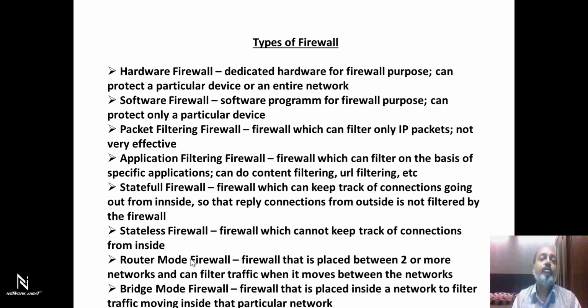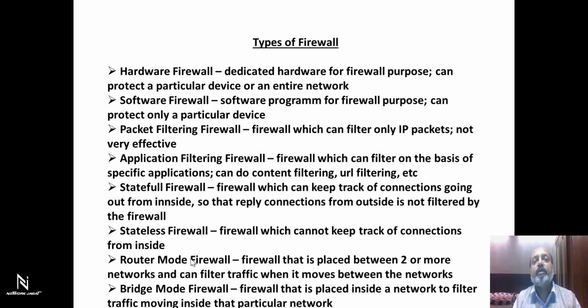Whereas when we are very concerned about certain threats which are happening inside a particular network, say for example I am sitting in my office network and I suspect that some kind of unauthorized access is happening, and that is coming from my colleagues, right? So in that case I can use a firewall in bridge mode.